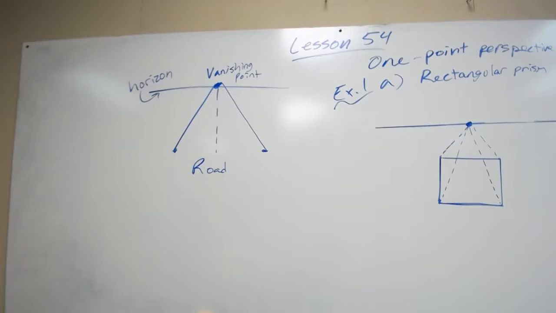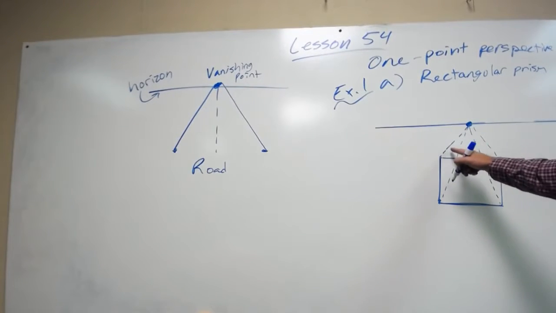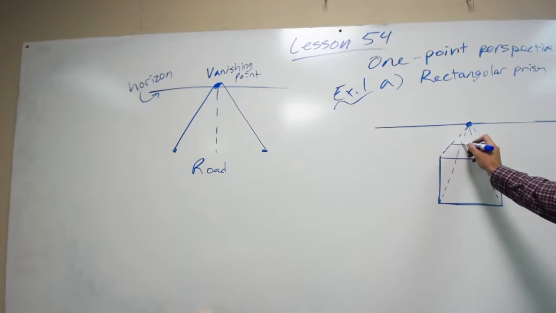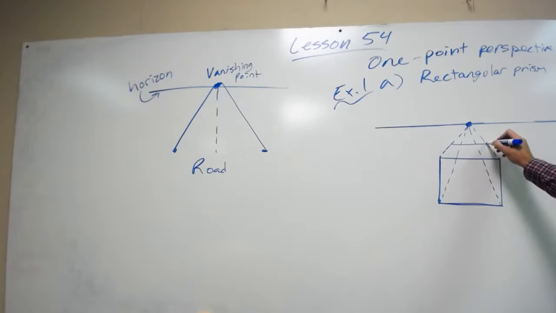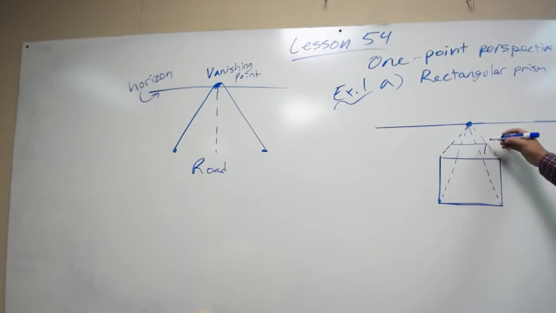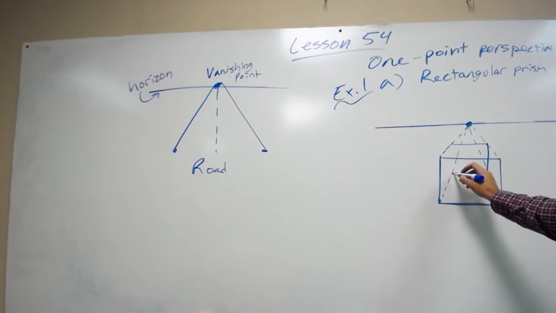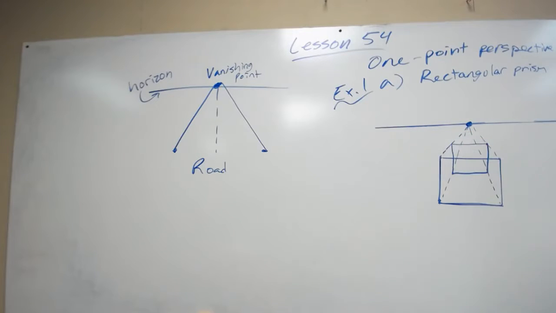Step three is to use the dashed lines in step two to draw the sides of a smaller square. So from here, watch how I look at these lines that were at the top. What I'm going to do is make a mark here, and then I'm going to go to the lines on the bottom and basically connect these dots. So now I have a square in the back.